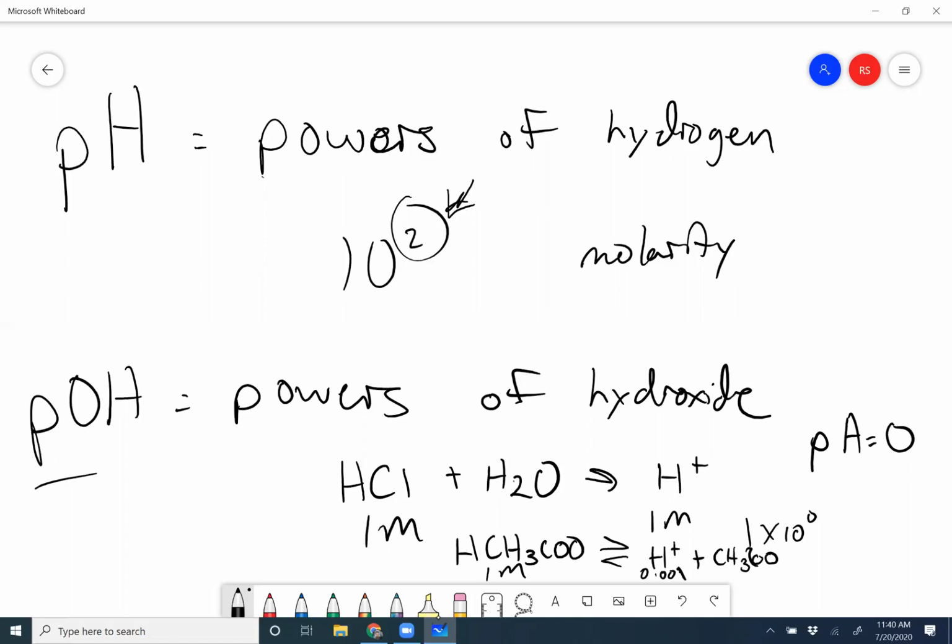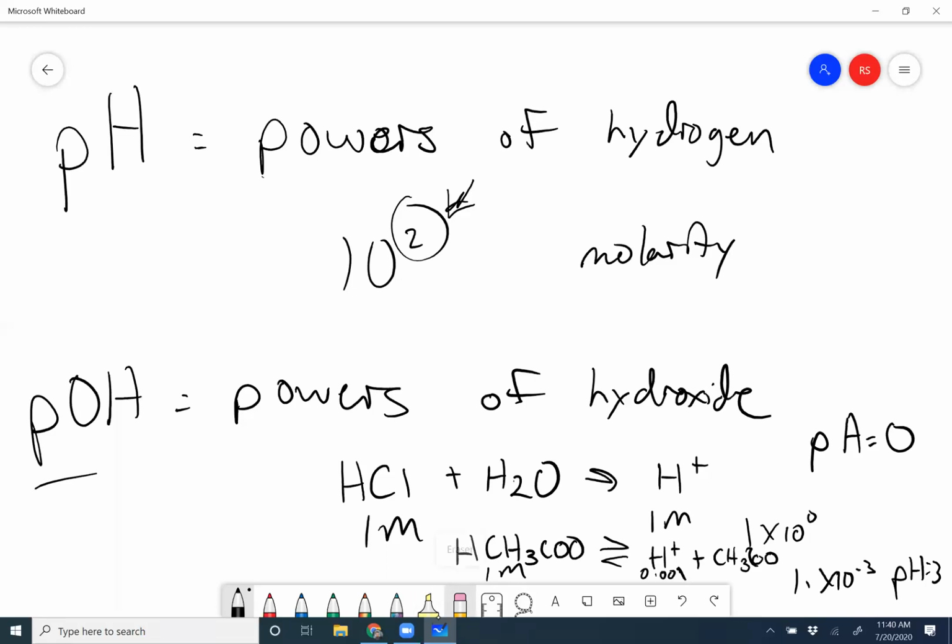And so if you rewrite this, this is 1 times 10 to the negative third, which gives you a pH of 3. Depends on the vinegar. Some vinegars' pH can go down to like 2, or 1. But either way, that's what pH is. It means powers of hydrogen.